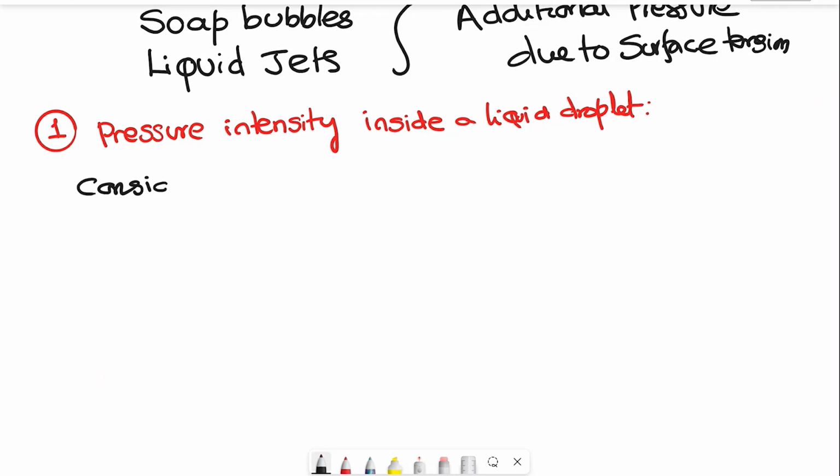Consider a liquid droplet. Liquid droplet means raindrop.